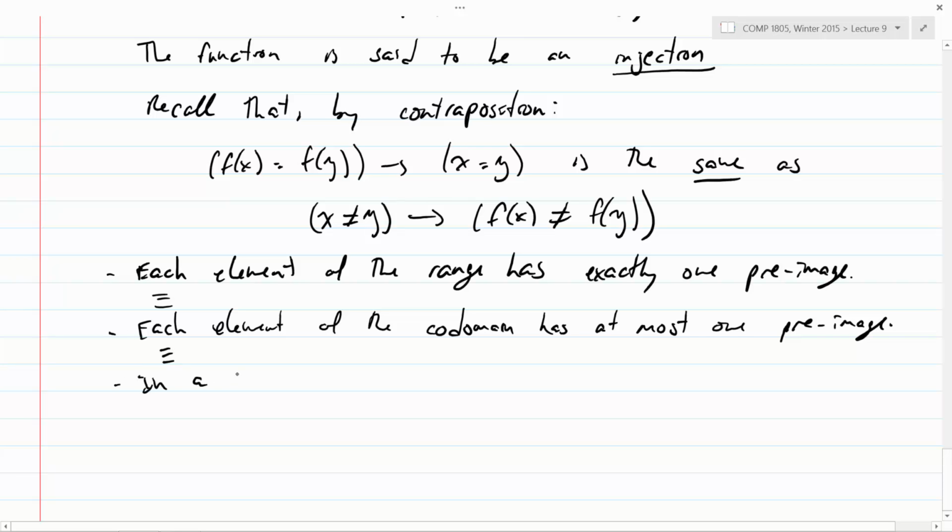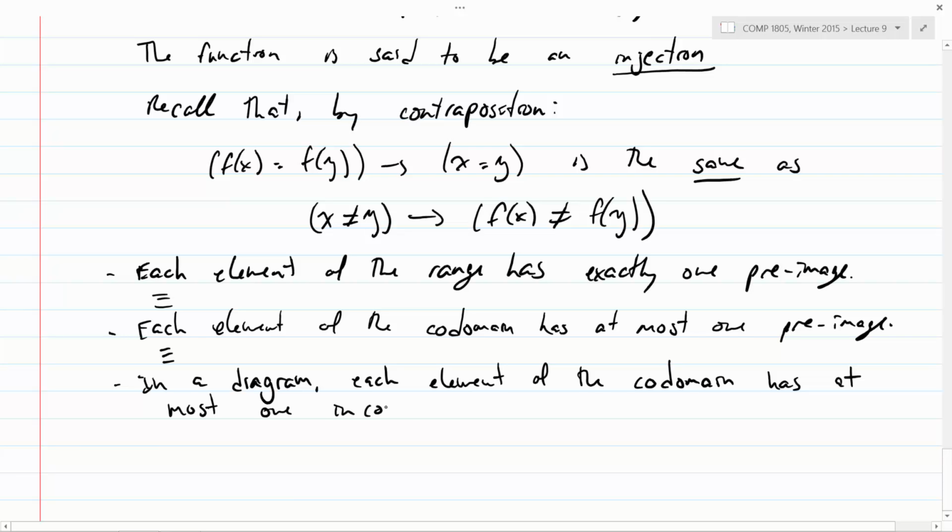So in a diagram, each element of the codomain has at most one incoming arrow. If you want to understand it visually, that's how you understand it visually. So is the definition of injective okay?